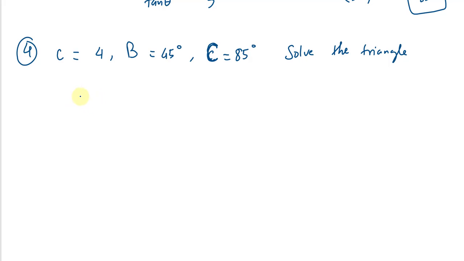Okay, so the first thing is it's better to draw the triangle.